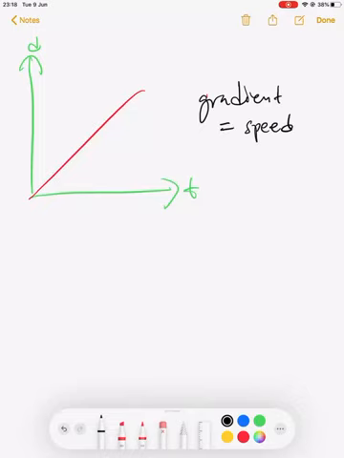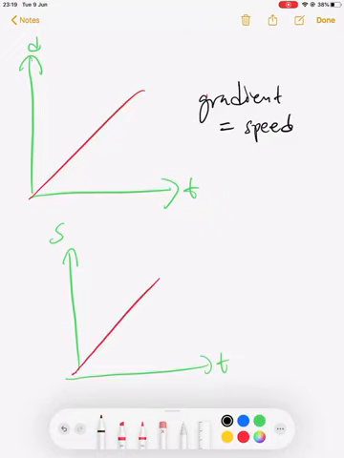When speed becomes your vertical axis in the speed time graph, the gradient here is the acceleration.